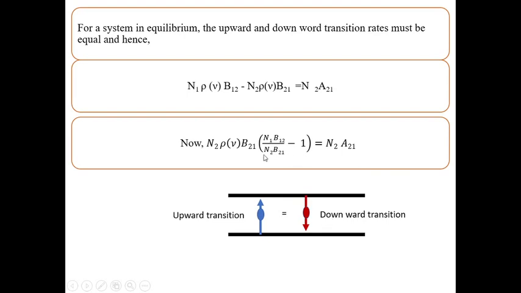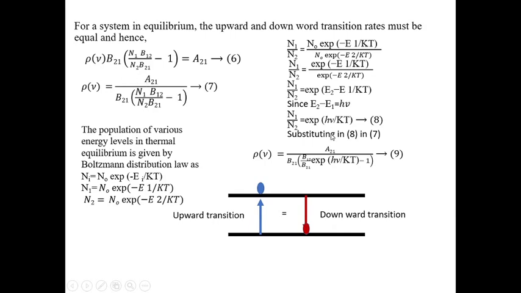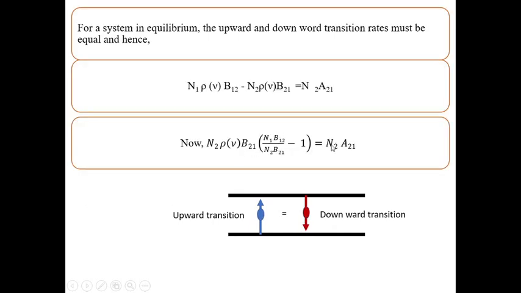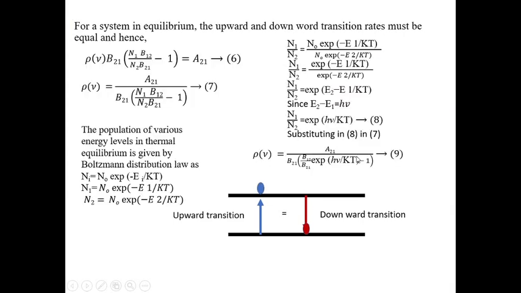Now from this equation you can see that n2 is there and n2 is there, and both get cancelled. Then ρ(ν) B21 remains. So we have to send this side, divided by A21.